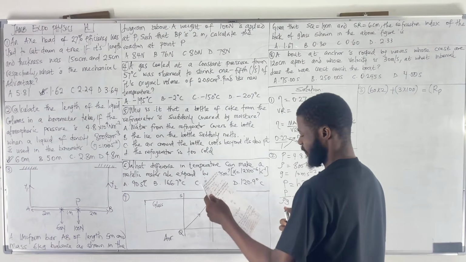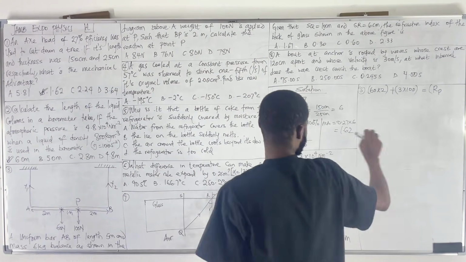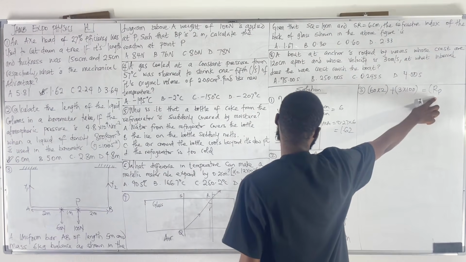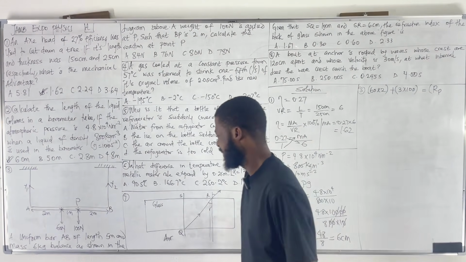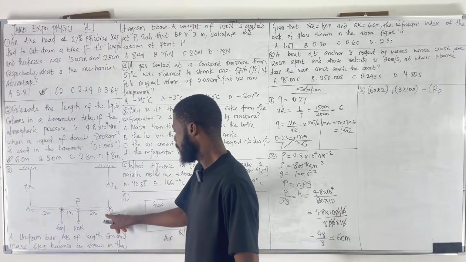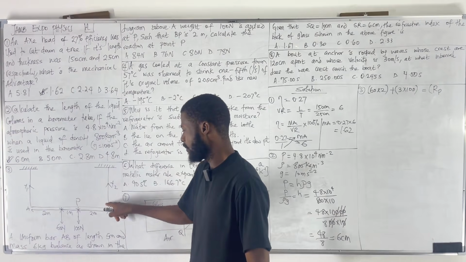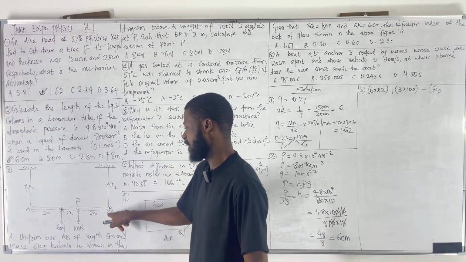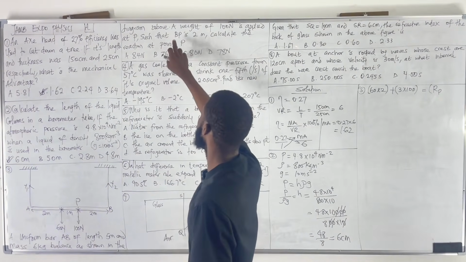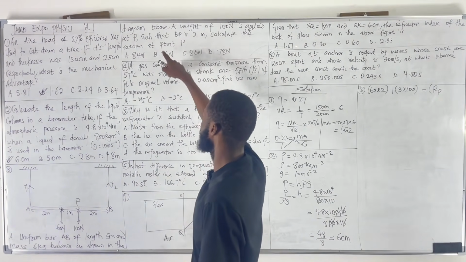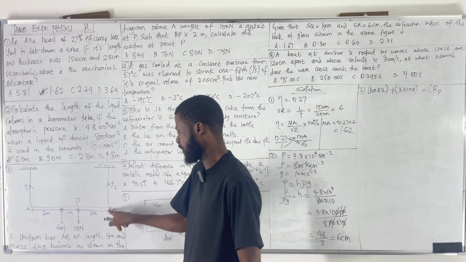Okay, so we're asked to find the reaction at the point P. So the reaction in this case is like finding the reaction at this very point here, because it says that such that BP is this. So to calculate the reaction at this point, we need to find what's going on here.